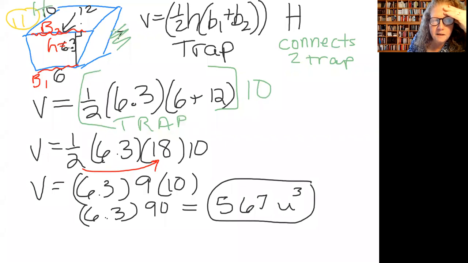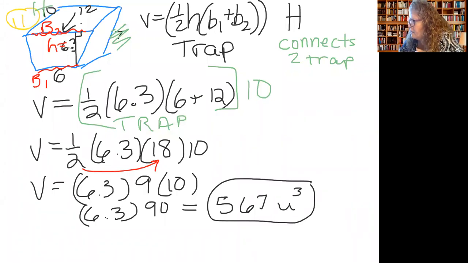Okay, so I'm going to recap that just to make sure. So looking at this, your B1 is 6. Your B2 is the same number as that back number. The height of your trapezoid is always the perpendicular, nice and tall, straight up and down. H is the number that connects the two trapezoids, which would be 10. Now, so we start filling it in.